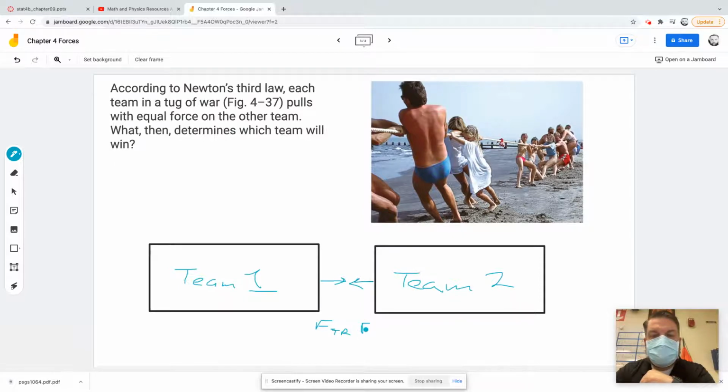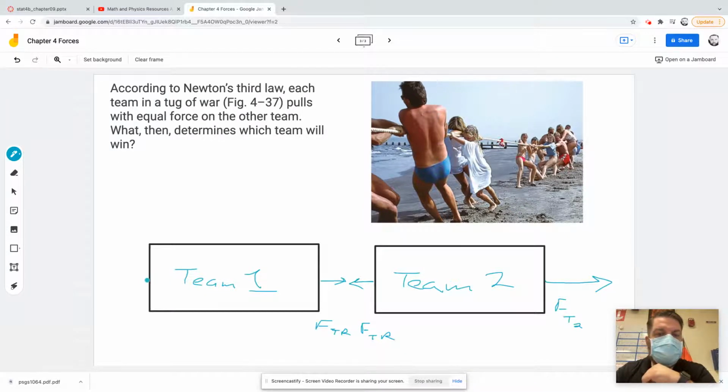That's the force of the tension of the rope. But team two is pulling this way, and that's the force of team two. They're just pulling in that direction.